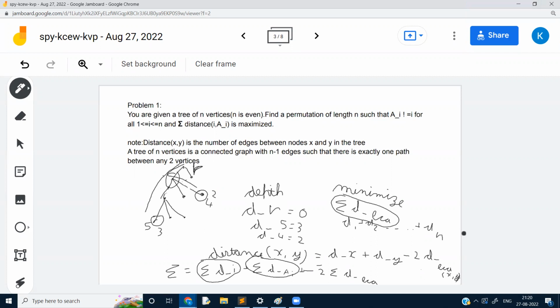Okay. So now the best case scenario would be, for any R, that we need to minimize this. And this is true for all R. And now the best case scenario is when depth of LCA is 0. That means that the root is the LCA of those two nodes. And if all of these are 0, this will be 0 and the answer will be summation of the depths times 2.